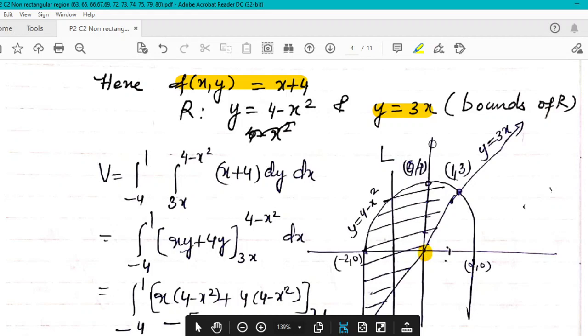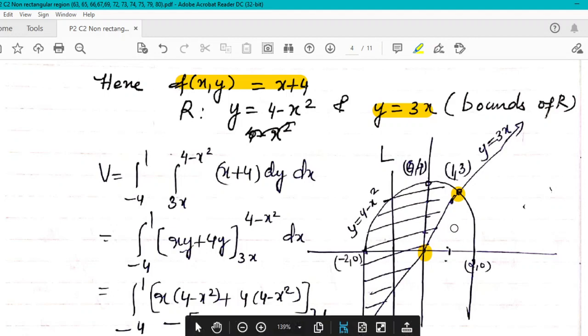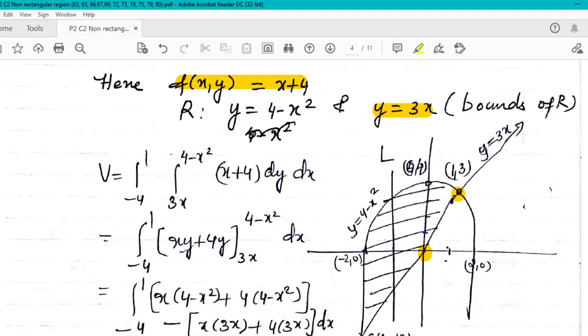Another point: if x is equal to 1, the value of y is 3. You can take any values, draw a line passing through these points, and we get our equation y equal to 3x.